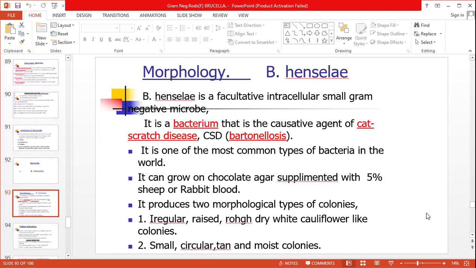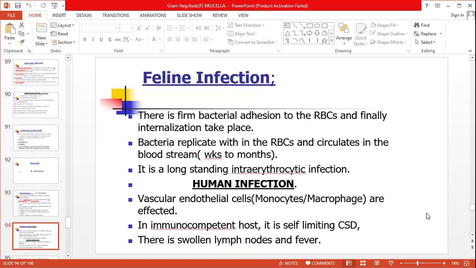Bartonella henselae is a facultative intracellular small gram-negative microorganism. It is the causative agent of cat scratch disease, and in human infection the reticuloendothelial system cells like monocytes and macrophages are infected.